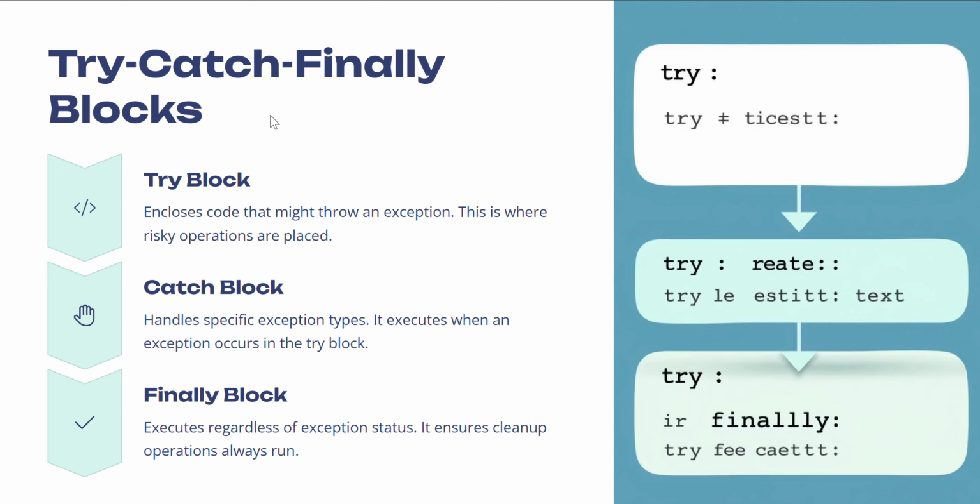Now, try block. Try block encloses the code that might throw an exception. That is, this is the place where the risky code is placed, which can raise an exception. Catch block. Catch block handles the specific exception types and executes when the exception occurs in the try block. Catch block is used for handling.